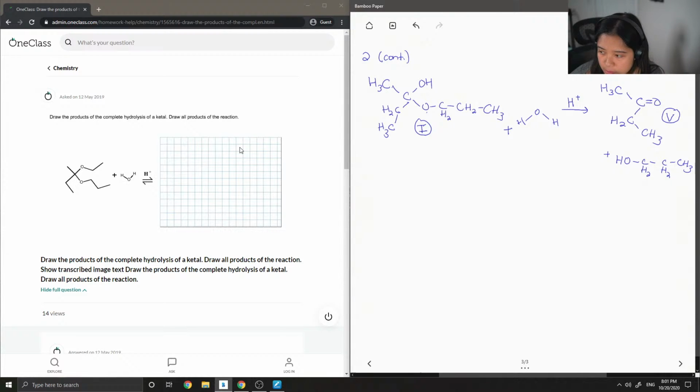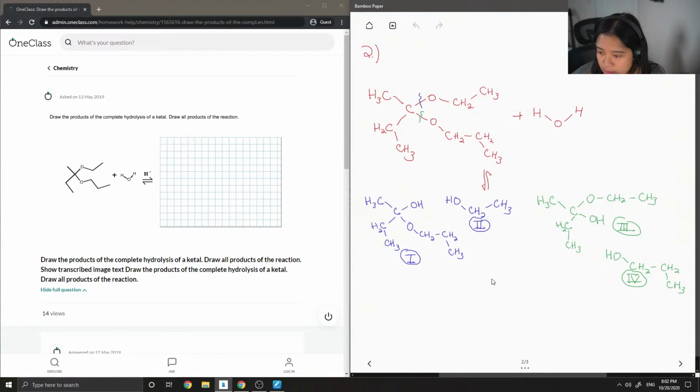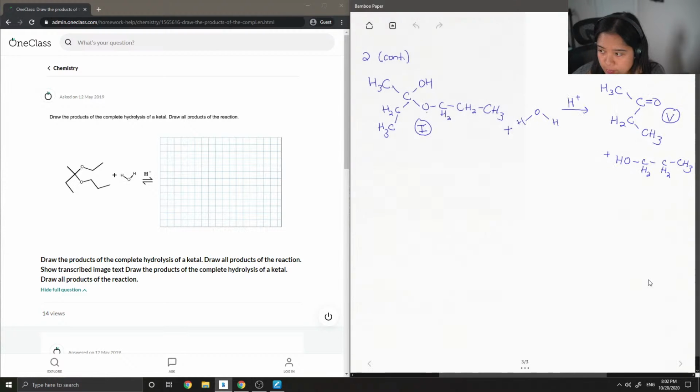And then if we go to our previous page, you'll see that the second byproduct is the same thing as product number 4. So this isn't a new compound. I'm just going to name it product number 4 again.